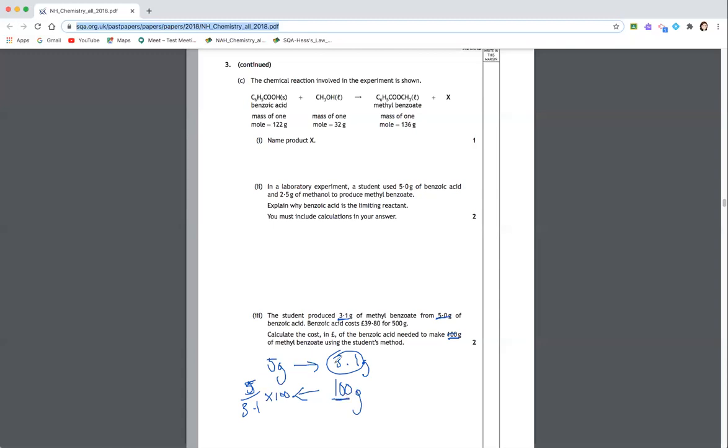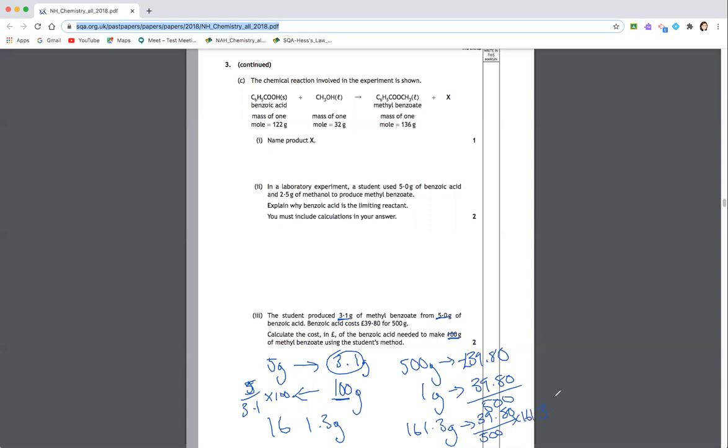So if you put that into your calculator, again, apologies for the dogs, that would be 161.3 grams. So the cost for 500 grams is 39.80. 1 gram would be 39.80 over 500, and then the 161.3 grams would be 39.80 over 500 times by 161.3.